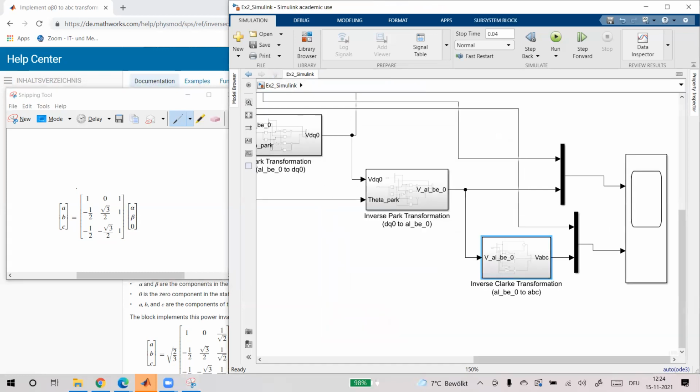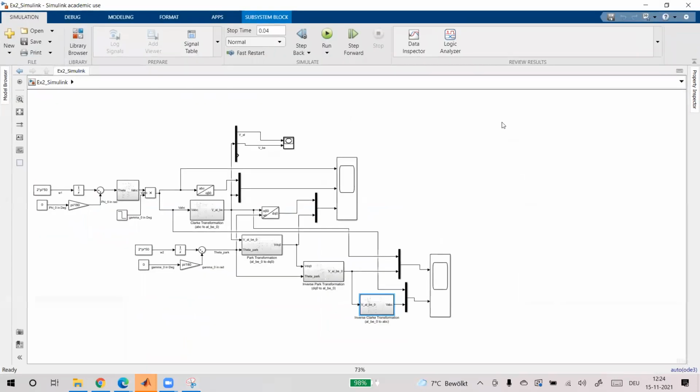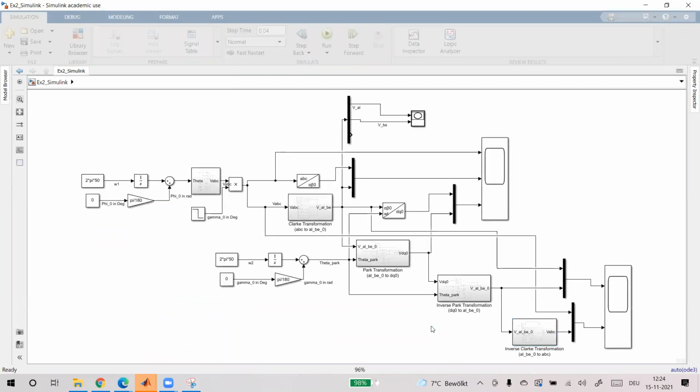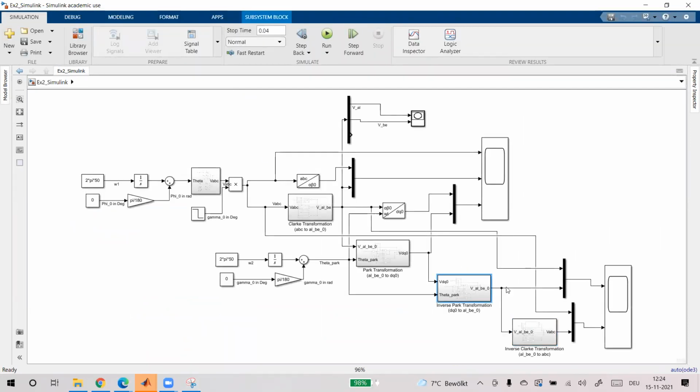So now if you are done with both, for sure if you do inverse Park transformation, then your output should exactly match with the V alpha beta, which you get from the Clarke transformation. And for inverse Clarke transformation, the output should match with the actual VABC system.